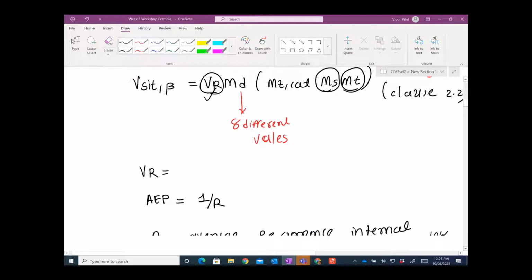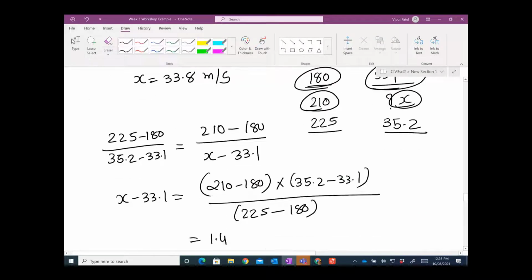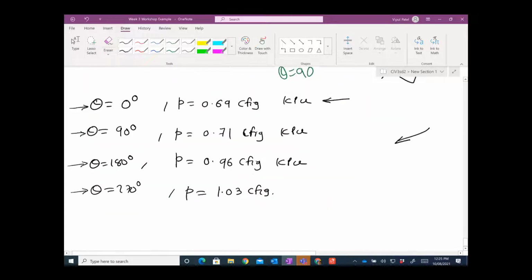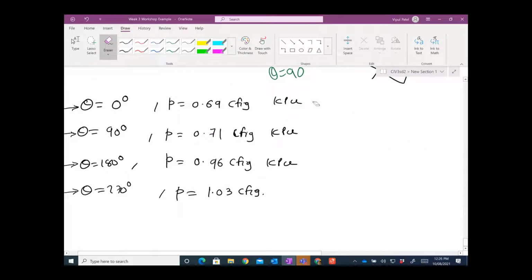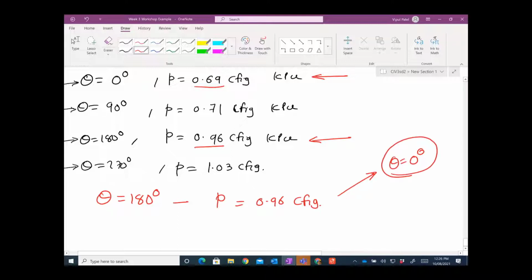So we can make a decision here: between theta equal to 0 and theta equal to 180, which one creates the worst case for our structure? Because if the structure can stand the worst pressures, it can stand the lower pressure. So between theta equal to 0 and theta equal to 180, with 0.69 and 0.96, I would say that if I design my structure for theta equal to 180 degree with the pressure of 0.96 kilopascals, I don't need to do theta equal to 0, because of course theta equal to 0 will have a lower pressure on our structure.